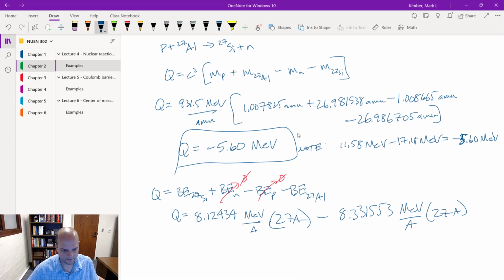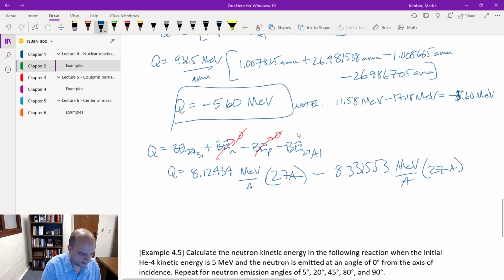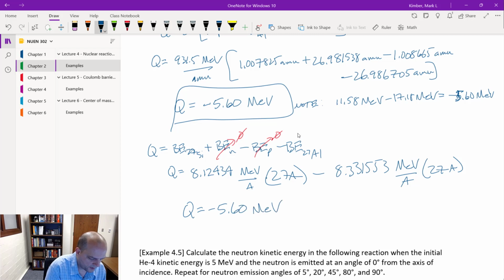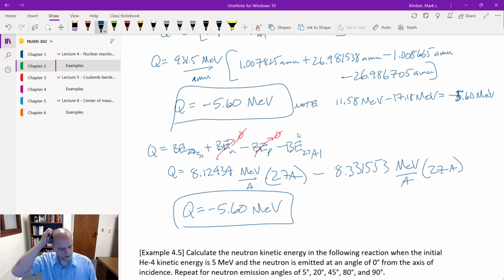And if I do that math, then I get, unsurprisingly, minus 5.6 MeV. And so it's the same, and that's good it's the same because that's what we derived. That's what we expect it to be.